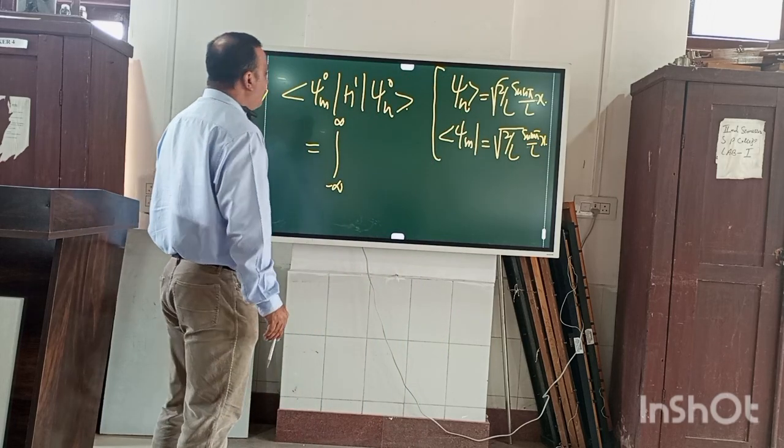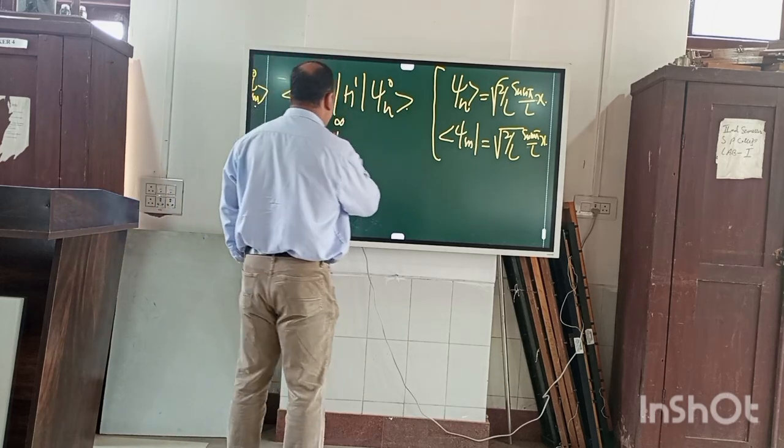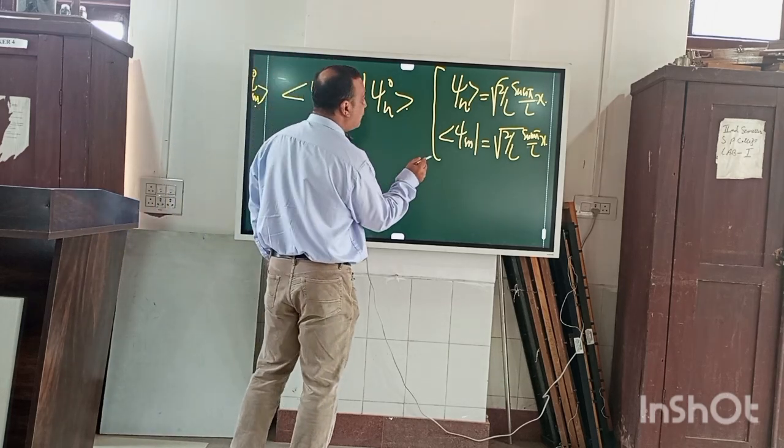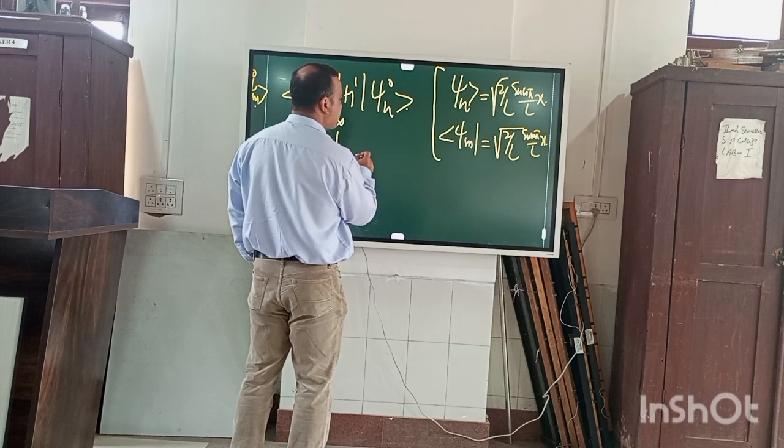So we can use the ket and bra in this integral.